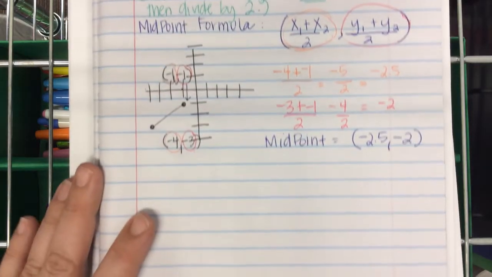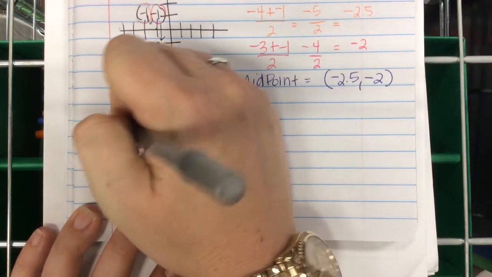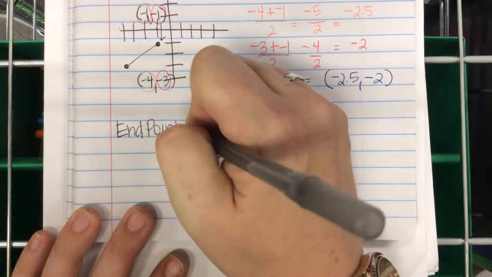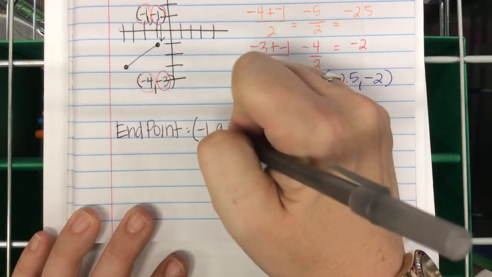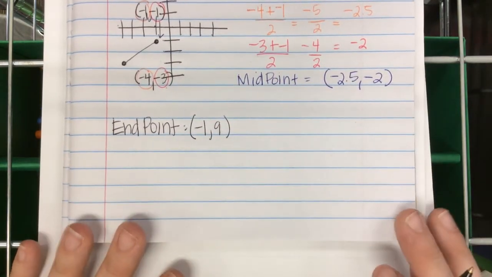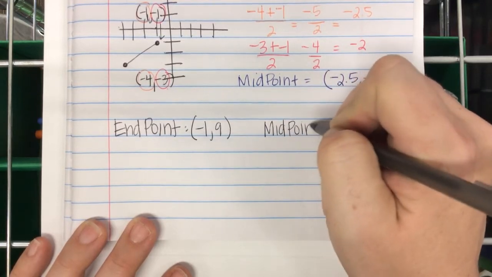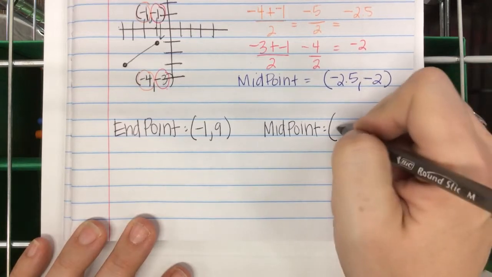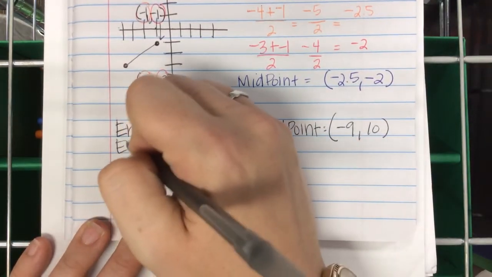All right, so let's do a little bit of backwards thinking. What if they give you an endpoint and they give you the midpoint? They want you to find the other endpoint.